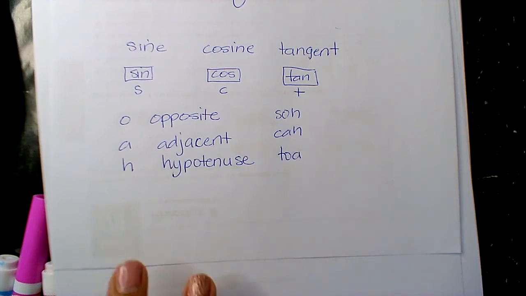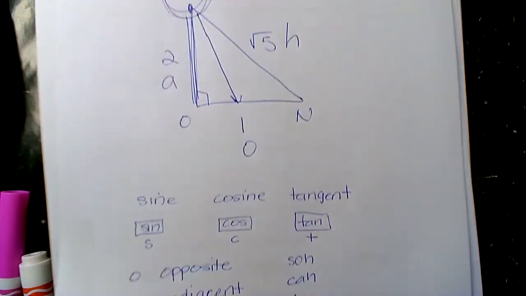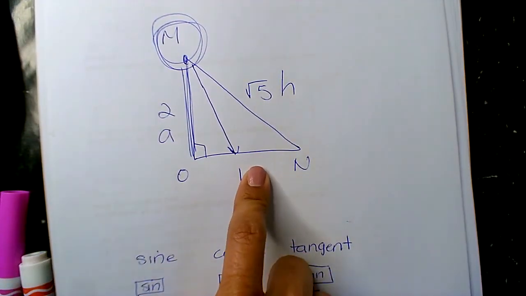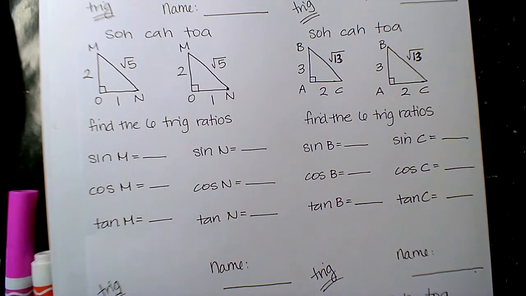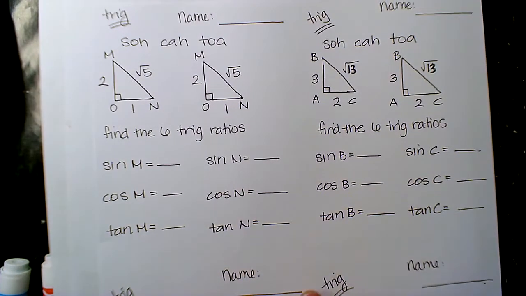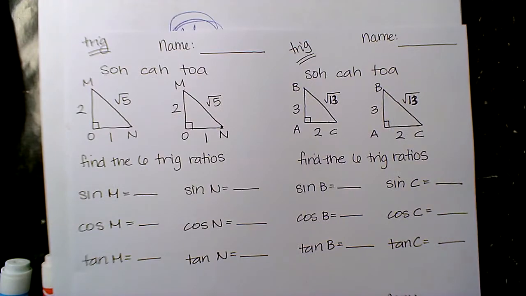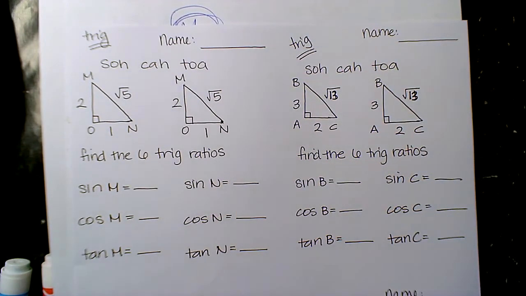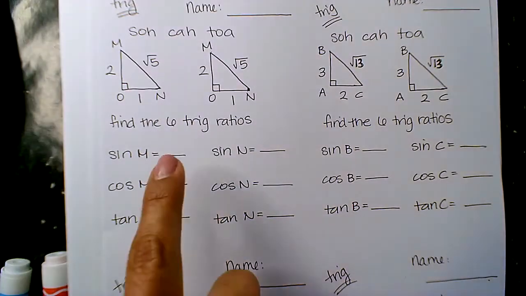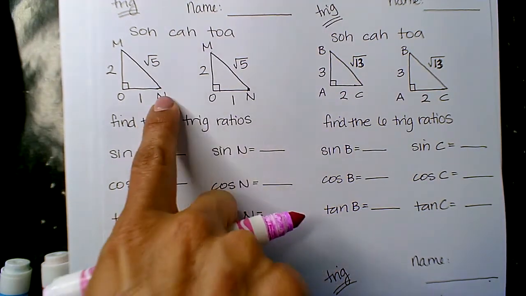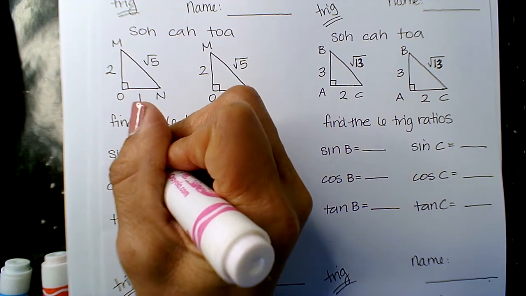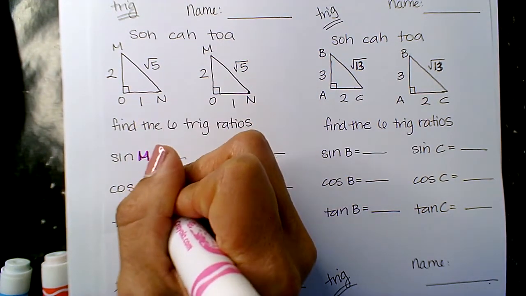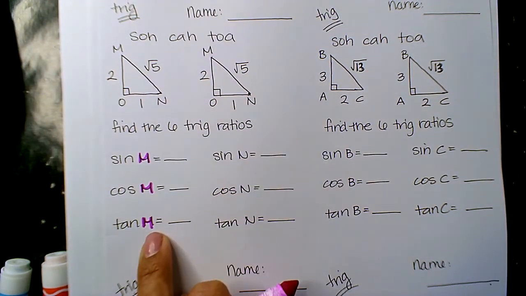Okay, so look. When you look at the big triangle M, the reason why it's circled is, look, I'm going to label here. By the way, I'm going to fill this out. So even though I'll work on white sheets of paper, I'm always going to come back to this. All right, so look. You're going to give me the 6 trig functions to this triangle. Notice angle M, M, M, right?